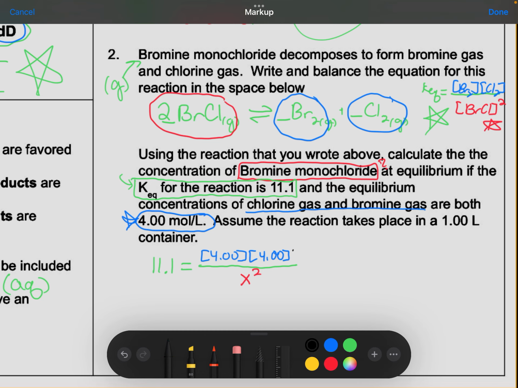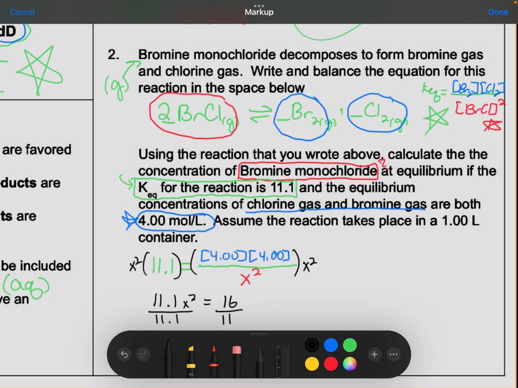So the first thing I'm going to do is multiply both sides of this equation by X squared to get it out of the denominator, and I end up with 11.1 X squared over here, and that is equal to 4 times 4. So I'm just going to simplify that and write 16. Then I am going to continue to solve for X. I'm going to divide both sides by 11.1.